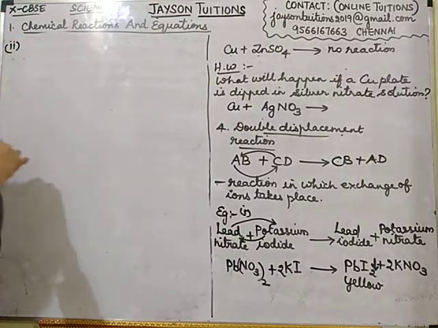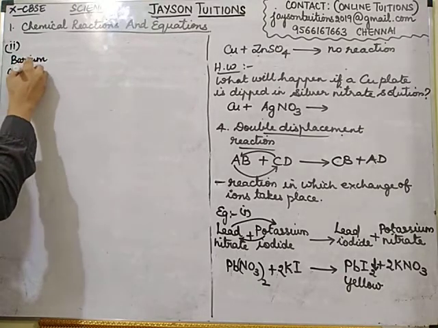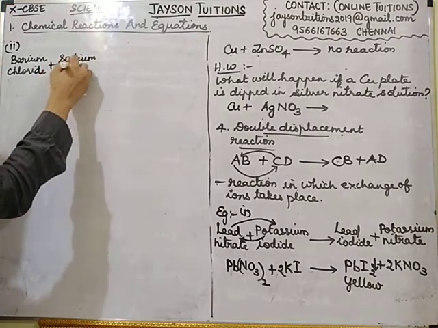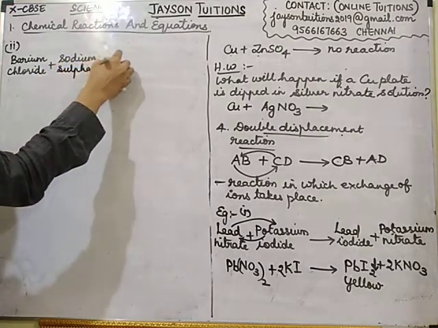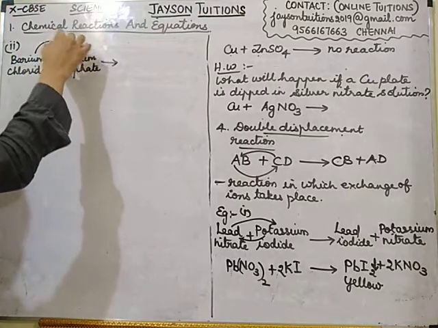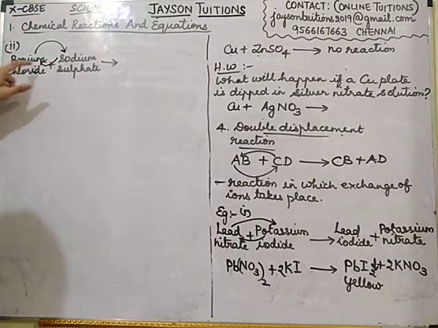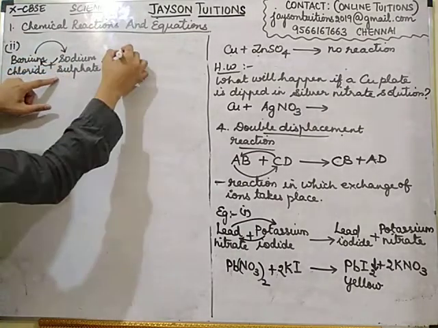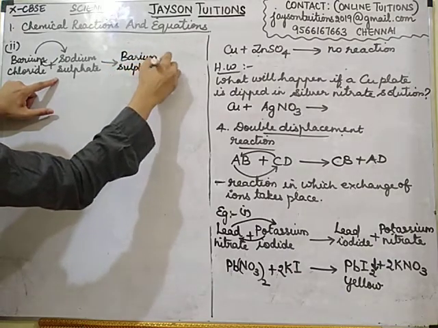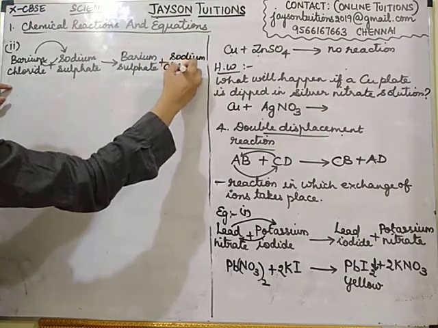Second example, the reaction between barium chloride and sodium sulfate. So double displacement, what will happen? Barium will come to sodium's place and sodium will come to barium's place. If barium comes here, I will get barium sulfate, plus if sodium comes here, I will get sodium chloride.